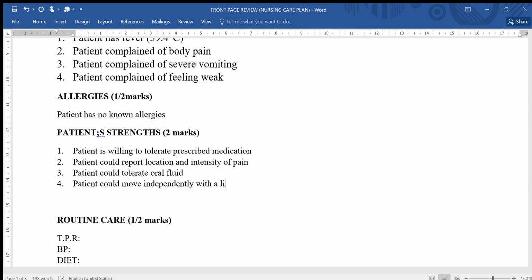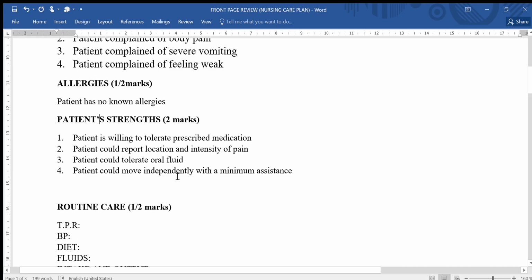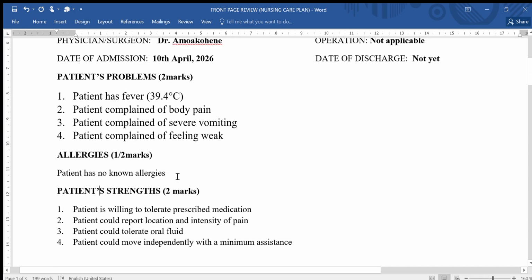Let me use minimum. So that does it for strengths, that does it for strengths that are corresponding with the problem.